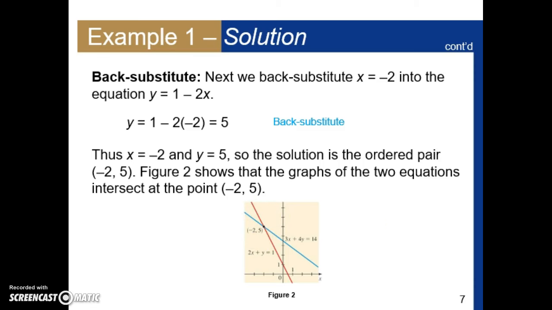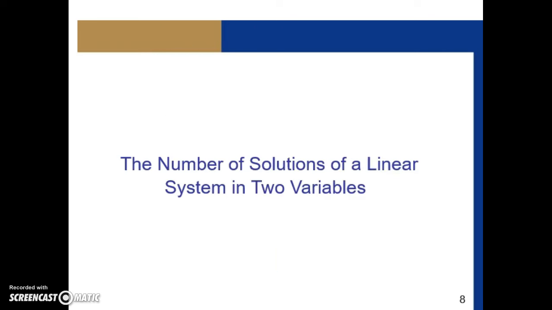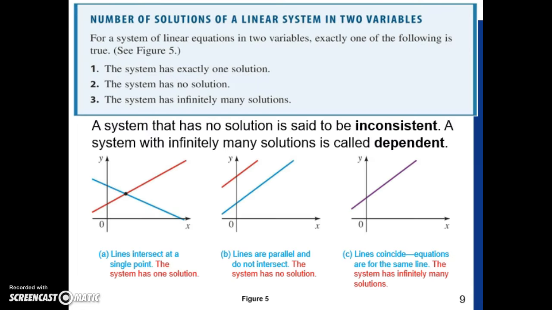So when we're solving linear systems, we would expect to get the coordinates of a point in the plane where they intersect. But the number of solutions of a linear system in two variables can be something other than exactly one solution. If I do get the coordinates of a point, then that is the point of intersection of those two lines in the plane.